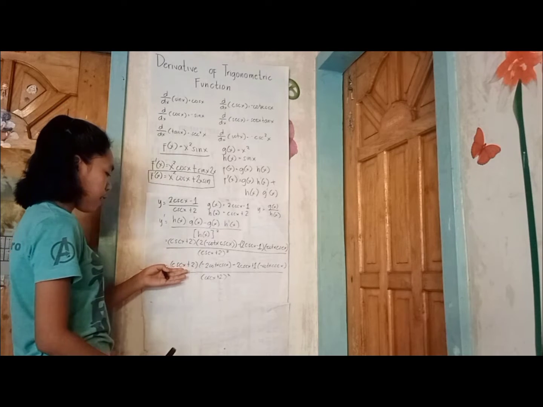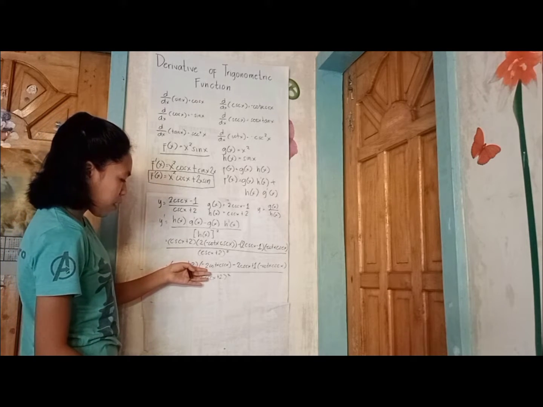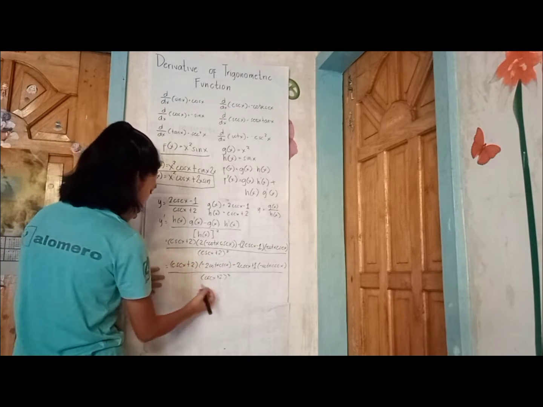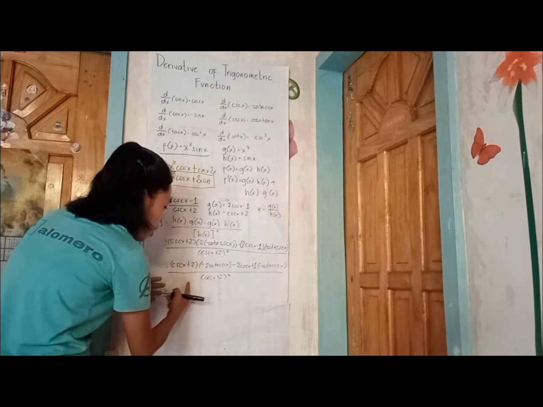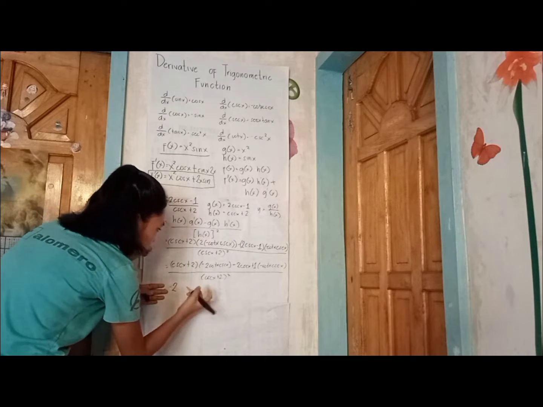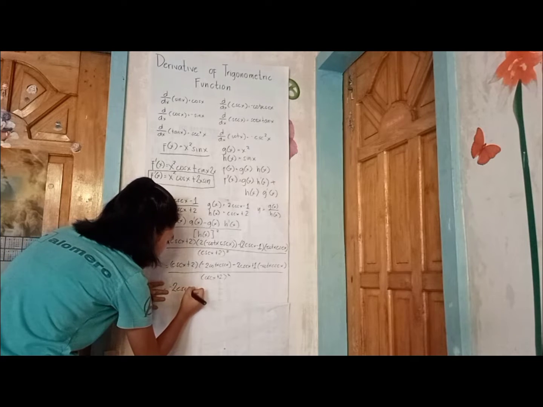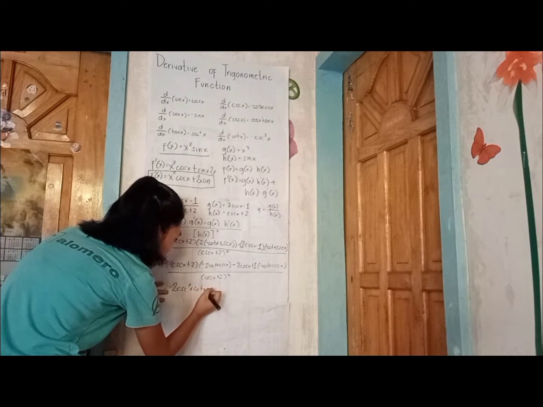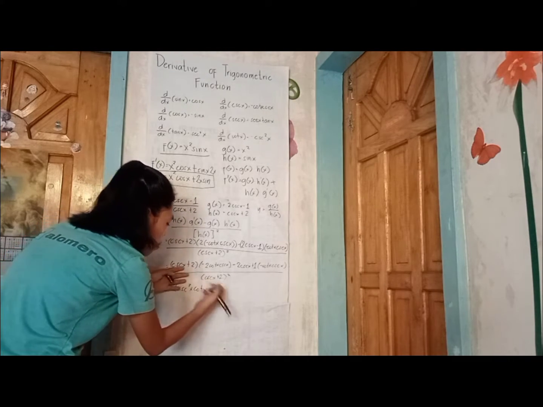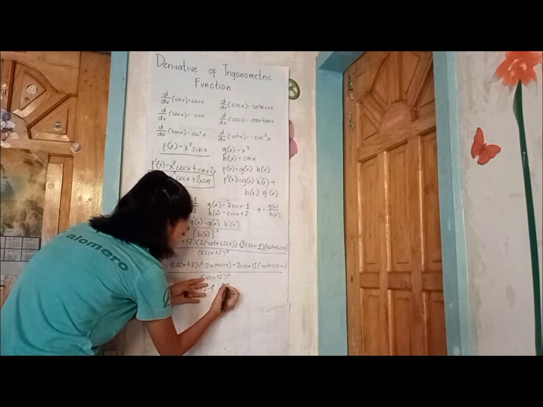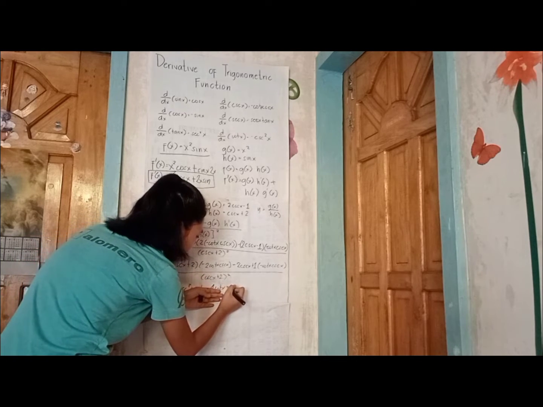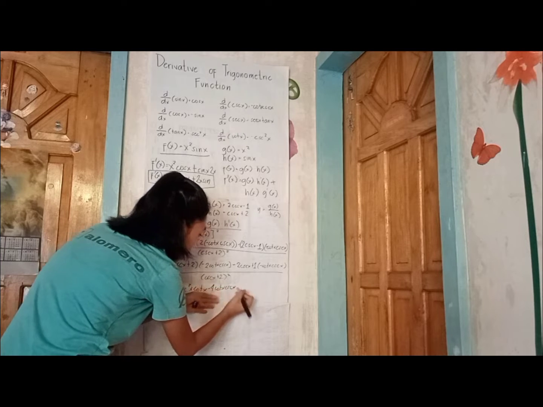So we will multiply cosecant x plus 2 to negative 2 cotangent x cosecant x. So the answer is negative 2 cosecant squared x cotangent x minus 4 cotangent x cosecant x.